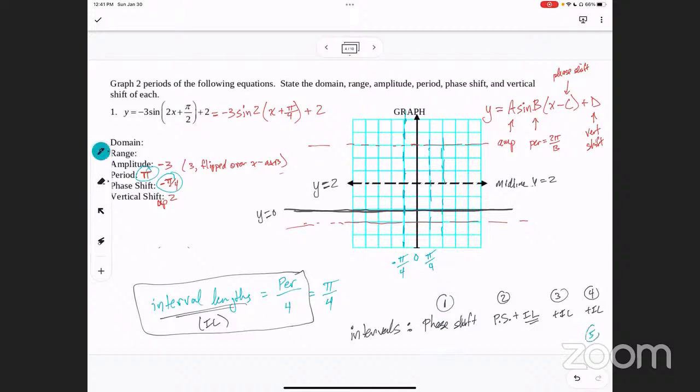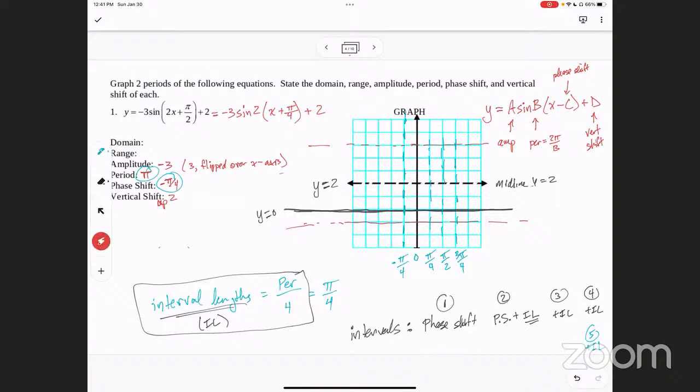And the fifth one, you have to add another interval length because there's four intervals, but there's 5 points that you're dealing with. So my fifth point is right here. So it's pi over 2, and then it's 3 pi over 4.